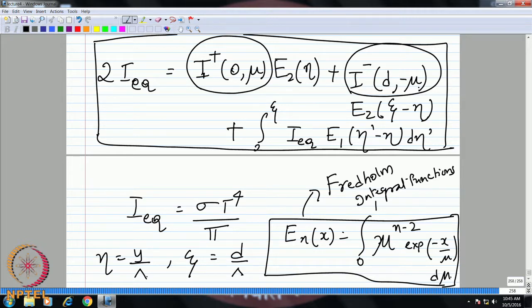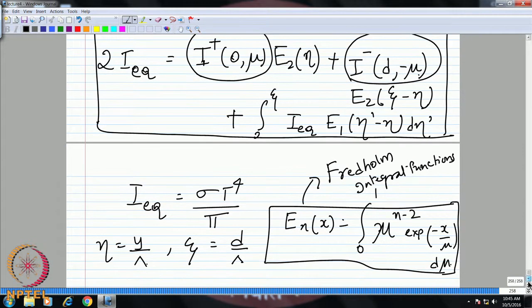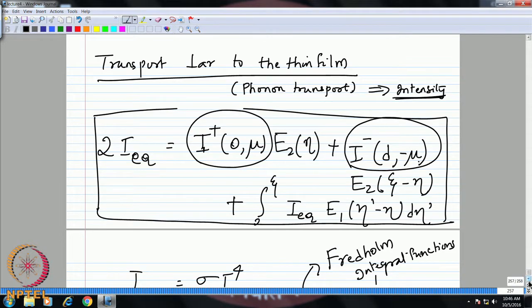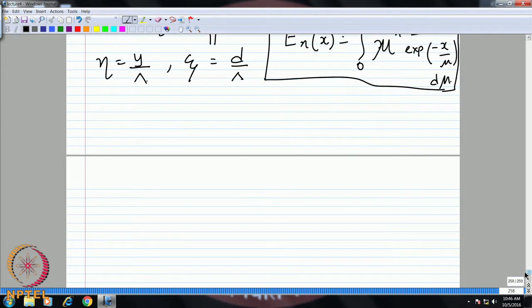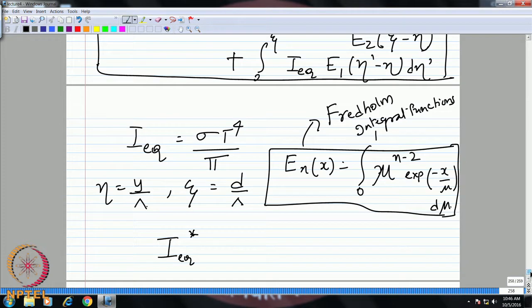Now, let us see how the temperature distribution looks if you plot it. I would like to define a non-dimensional intensity. I will call this I equilibrium star, which is a kind of non-dimensional temperature, because we have related the equilibrium intensity with temperature. So, it is similar to plotting your non-dimensional temperature.